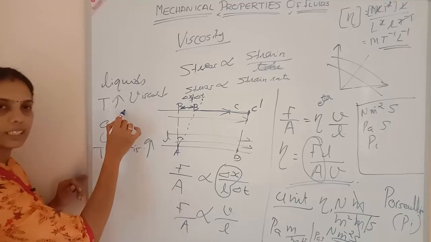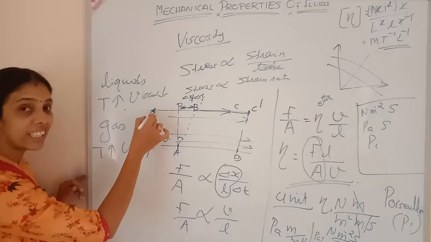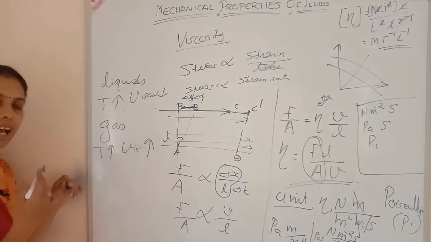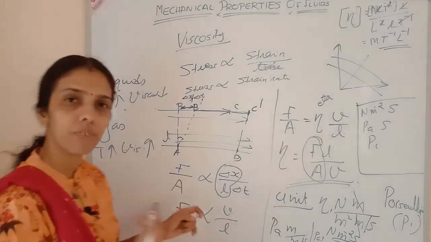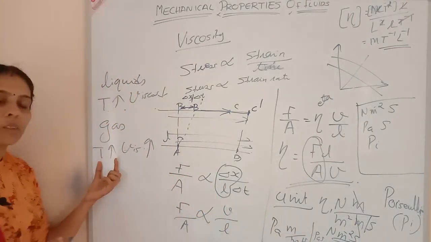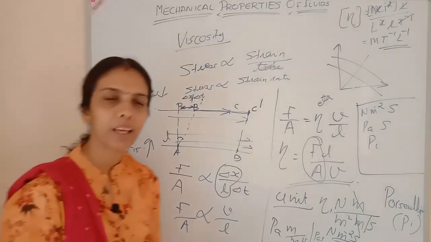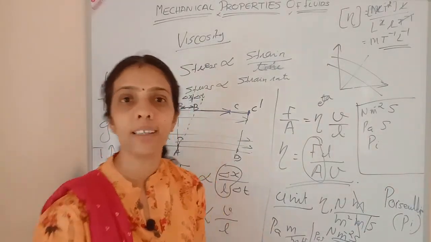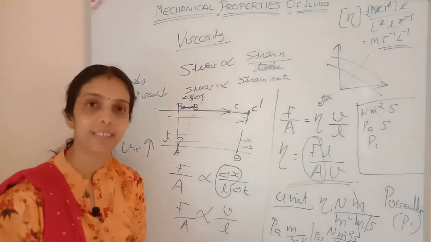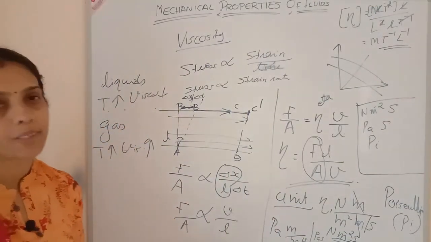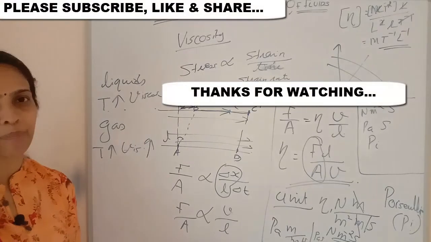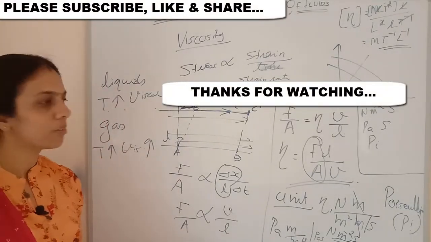As temperature increases, the molecules move faster. But in the case of blood, from 0 to 37 degrees Celsius, viscosity will remain the same. Okay, understood all of you?